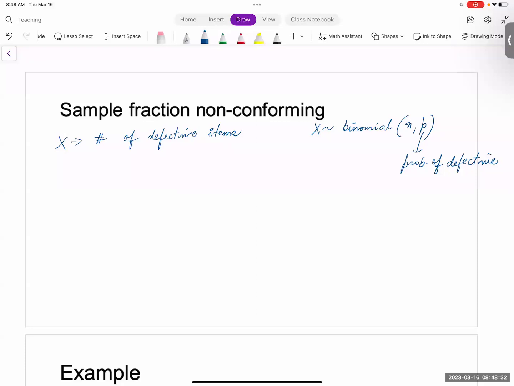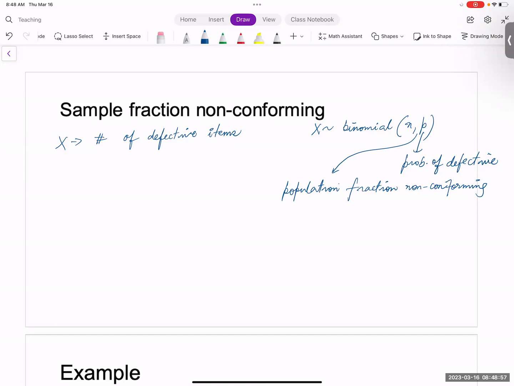Now, p is also called, there's another term for that, population fraction non-conforming. That's what we typically call it. Now, typically this p is given to you, right?